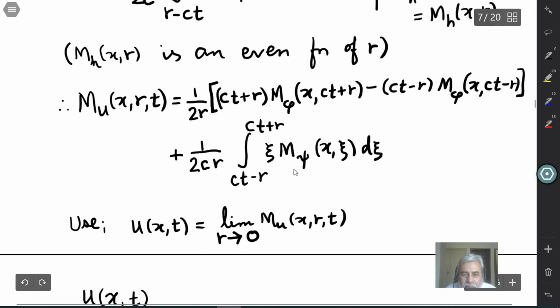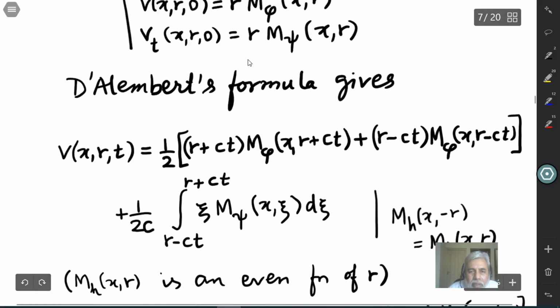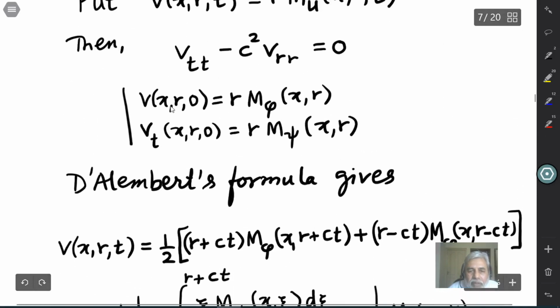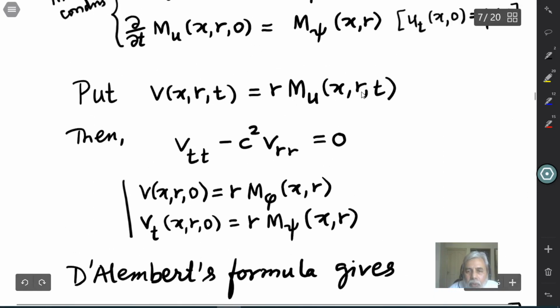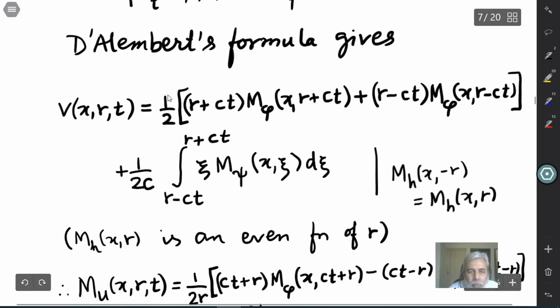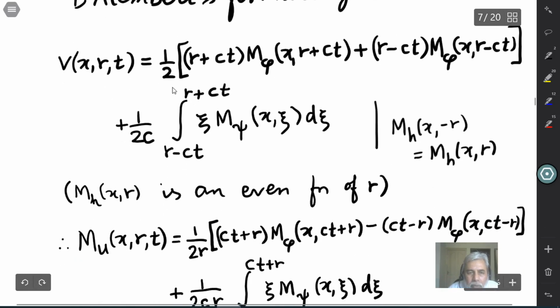That is the observation. And this r is coming because of v. v is r mu, so mu is v by r. So we just divide by r, and we get this here.